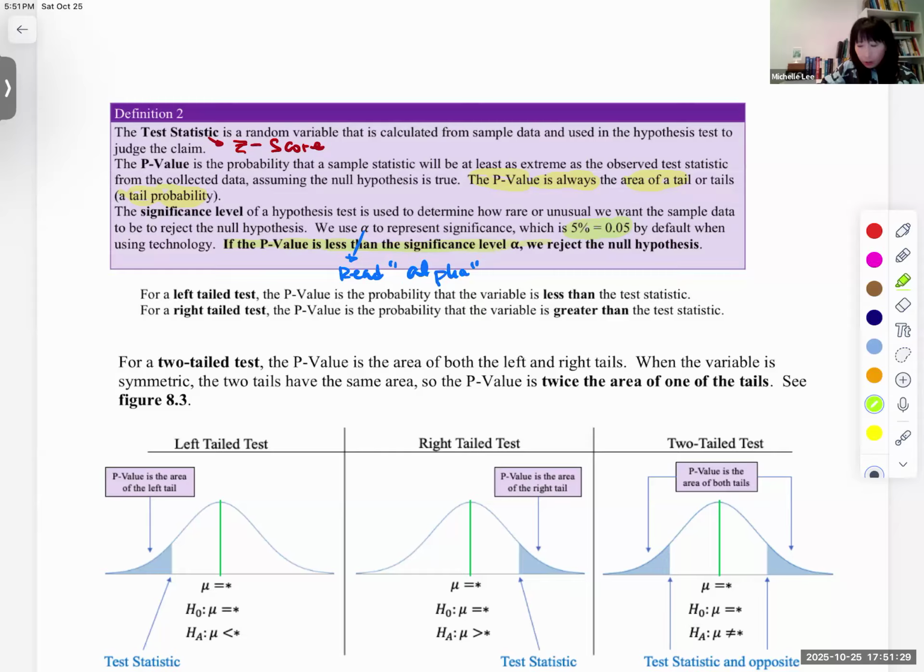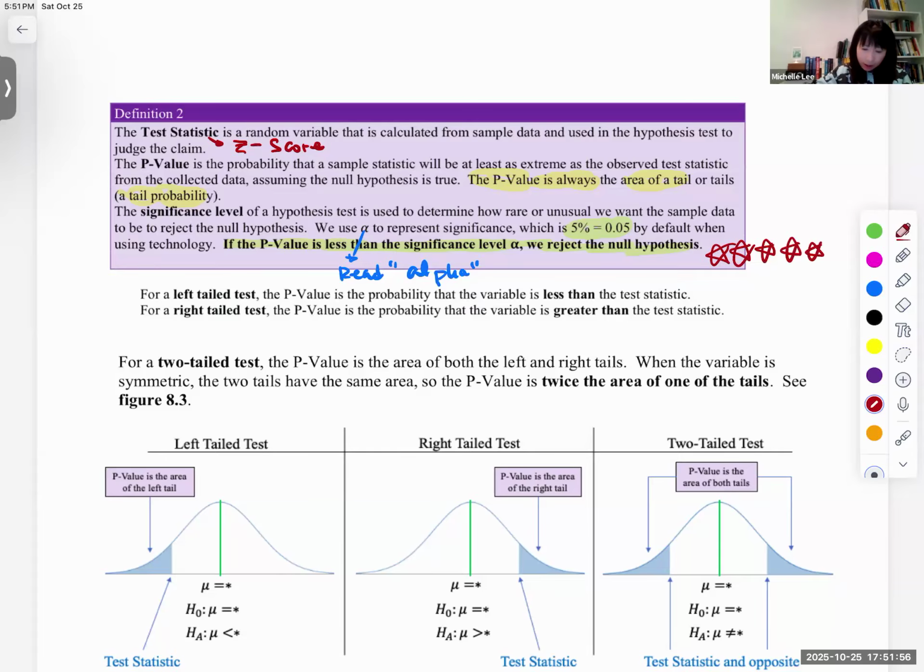So what we do is check the p-value, which is the tail probability, whether left tail, right tail, or two tail. If the p-value is less than alpha, then we reject the null hypothesis. This is the main concept we are using.